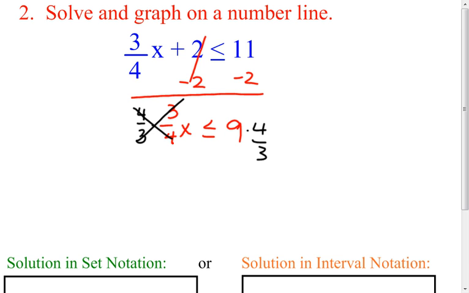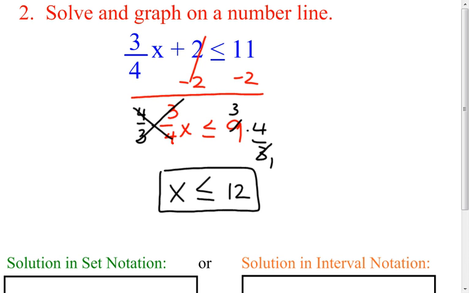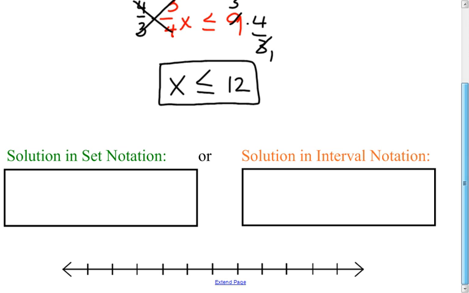I did not multiply or divide by a negative number, so I do not need to switch the direction of the inequality, and it's going to stay like that. And then 9 times 4/3, I'll make that a 1 and that a 3, becomes 12. So here's my inequality that I'm left with: x is less than or equal to 12.